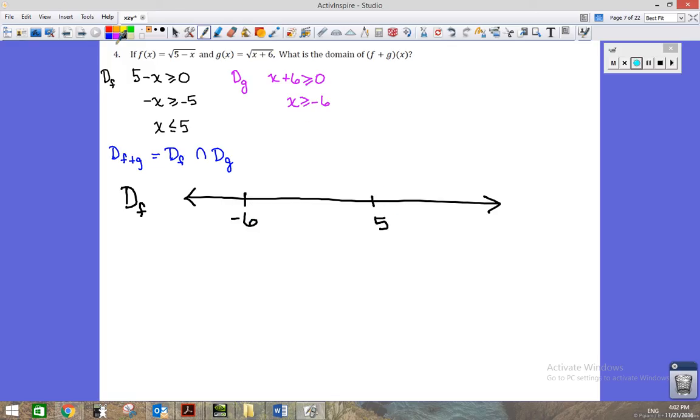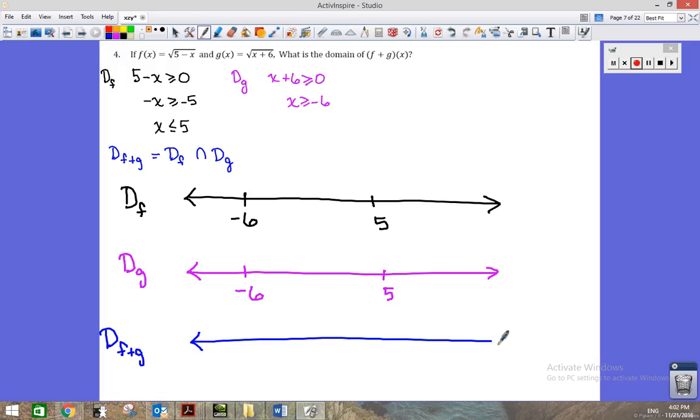And then in this purple, we'll have the same window on our number line, so we'll show -6 and +5. And then in our final answer, for the domain of f plus g, we'll use these two pictures to help us describe the set of numbers that are in this domain.